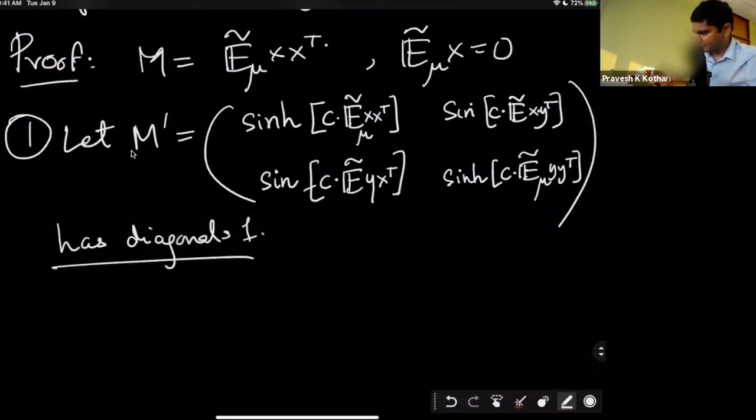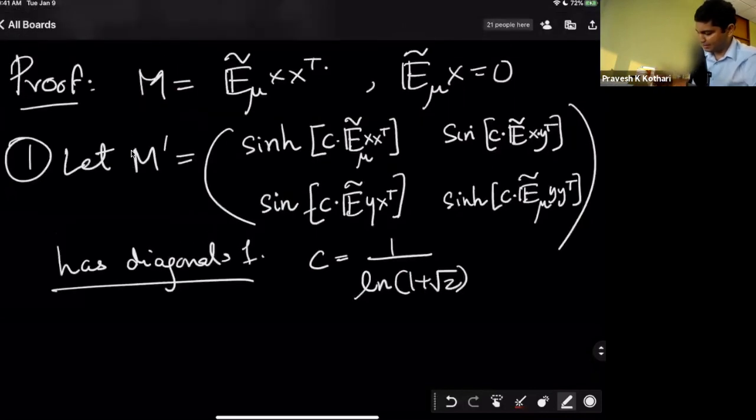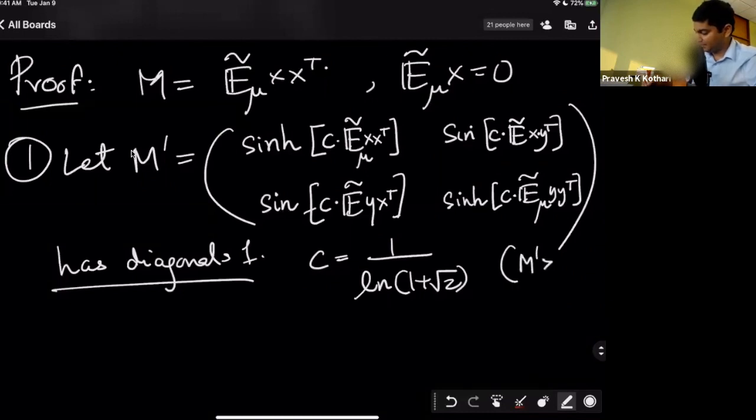And just to reveal all my cards, we're going to choose c as this weird quantity that appeared in the denominator in Krivine's constant. But don't worry about it too much. It's going to be a fixed constant, and I'll give you how it's chosen in a second. Once I modified M to get a new matrix, I haven't proven to you why it is positive semi-definite, why it has diagonals 1. I'll do that in a second. M prime is actually going to be PSD. I'm going to prove it to you.